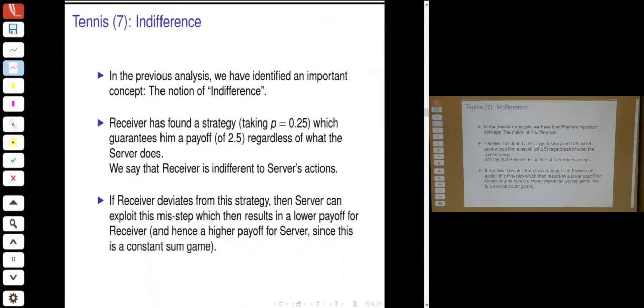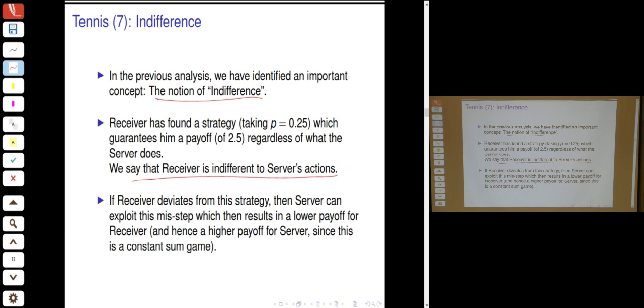So, this is the notion of indifference. This is an important concept. The receiver has found a strategy, taking P to be 0.25, which guarantees him a payoff of 2.5 regardless of what the server does.